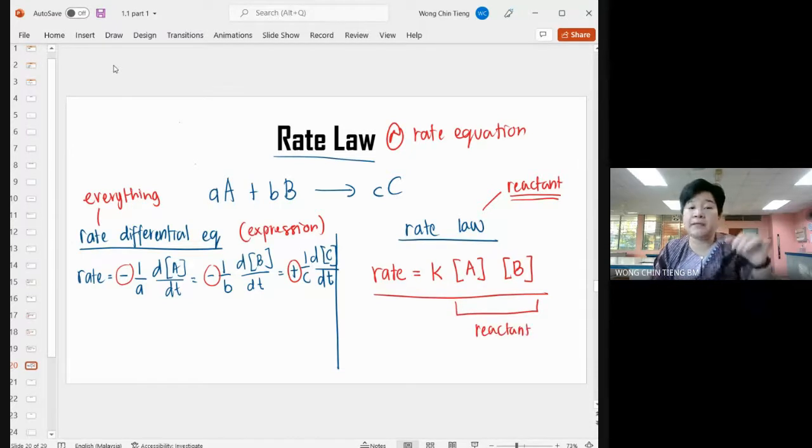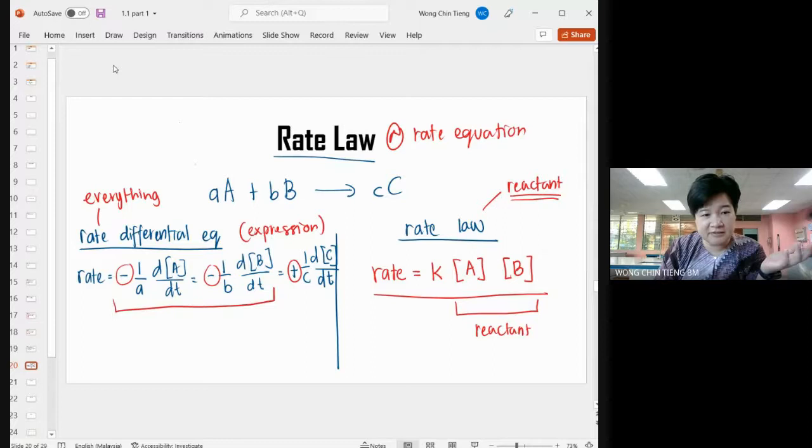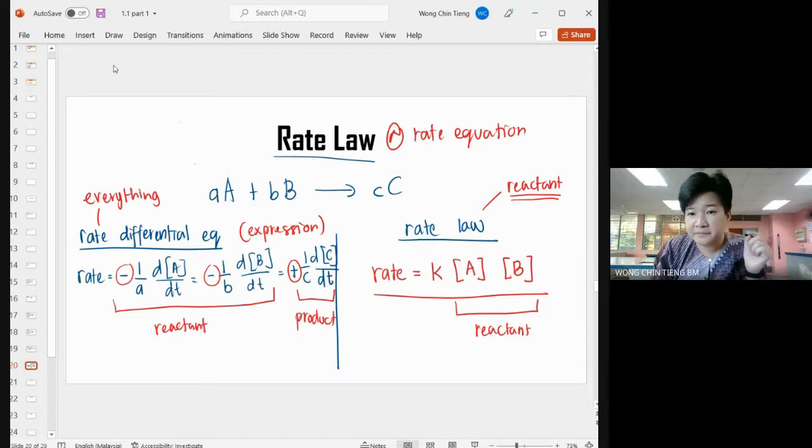Sebab tu, bila kita hanya ambil satu dan kita hanya ambil reactant, we already know that is reactant. Kenapa nak positif negatif? Right? Kat sini kita kena ada positif dan negatif sebab kita ambil produk dan reactant. So kita nak tunjuk siapa adalah produk, siapa adalah reactant. Nampak? Okay. Next and also the last.